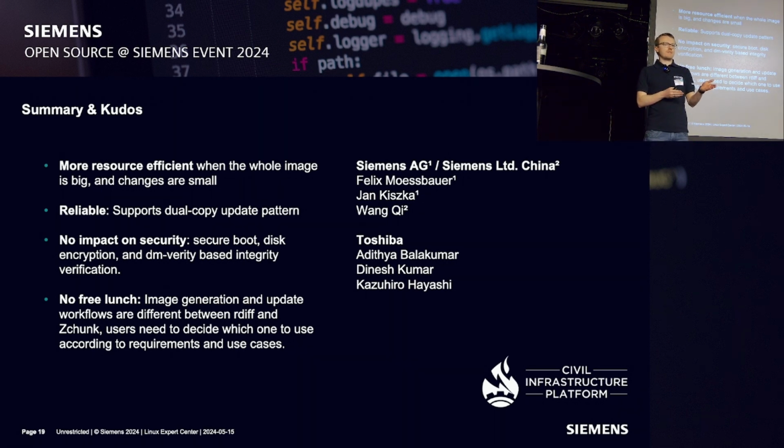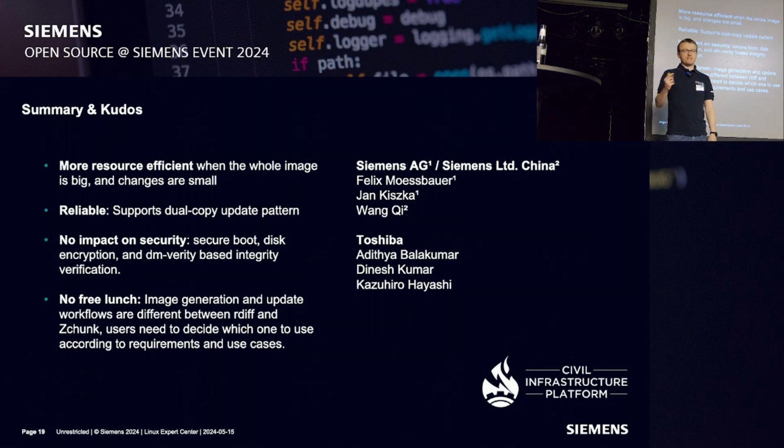For RDIFF, the problem is you need to know the delta up front, so you can only update from well-known states, or at least you somehow need a way to generate these well-known states on demand. In case of ZChunk, you're limited to this HTTP download path, and you have two artifacts there. So you can't do a pure offline update with a USB drive, for instance.